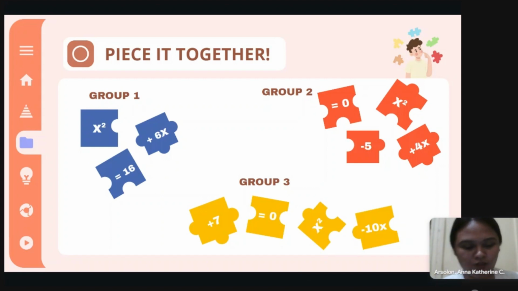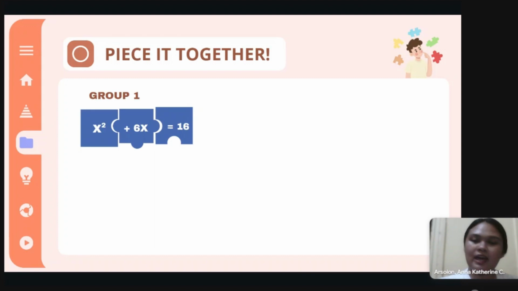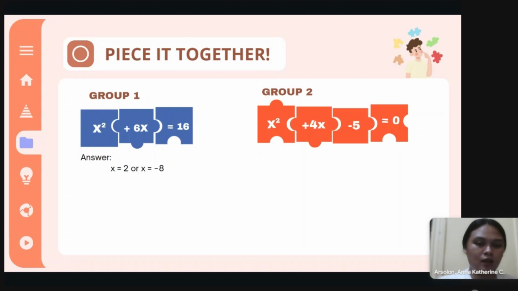Let's check our answers. For equation number 1, we have x squared plus 6x equals 16. So the answer is x equals 2 and x equals negative 8. That is correct. Now for group 2, we have x squared plus 4x minus 5 equals 0, and the answer is x equals 1 and x equals negative 5.